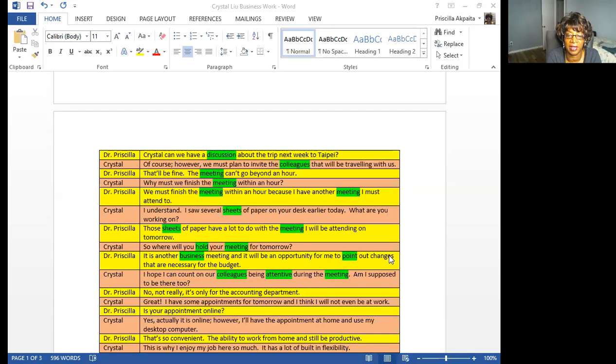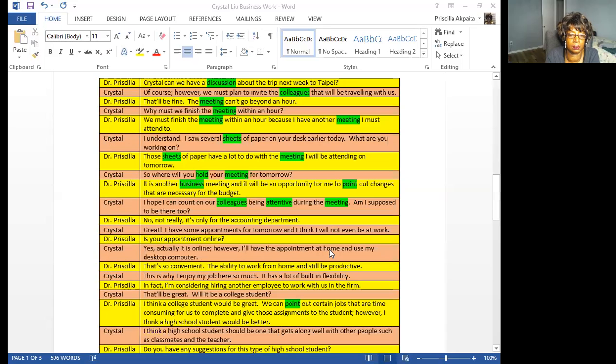Those sheets of paper have a lot to do with the meeting I will be attending on tomorrow. It is another business meeting, and it will be an opportunity for me to point out changes that are necessary for the budget. No, not really. It's only for the accounting department.